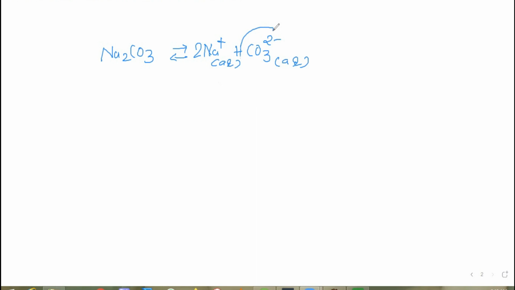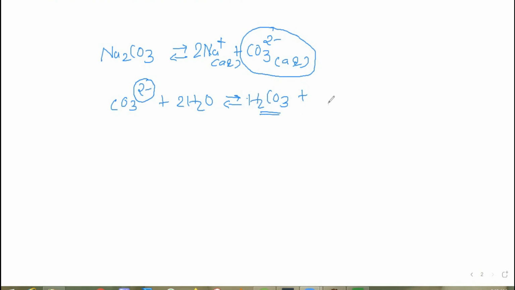So this CO3 2 minus ion can react with water. Now we know that water produces two ions, H plus and OH minus. Now the charge of carbonate ion is 2 minus, so 2 H plus will be needed. So here we will get H2CO3 as an unionized molecule, and it will produce 2 OH minus.